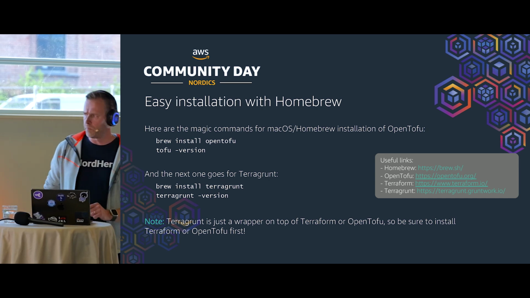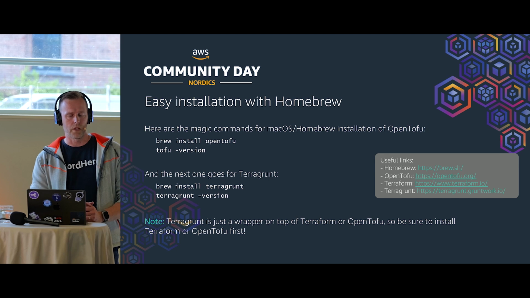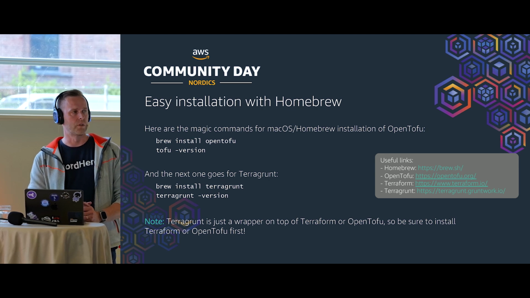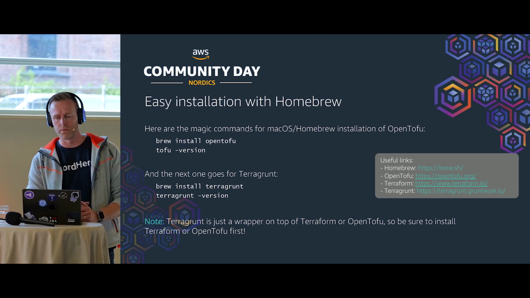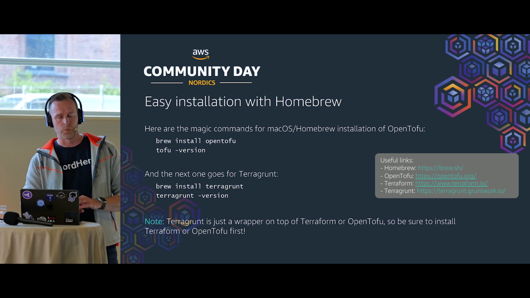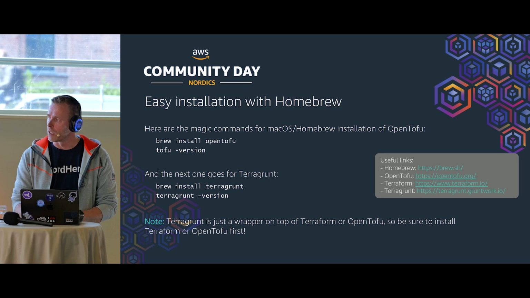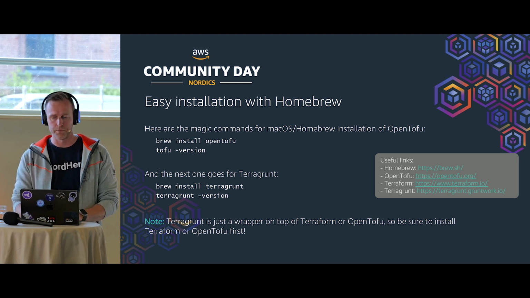And while Terragrunt is more or less just a wrapper on top of Terraform or OpenTofu, it needs that you first install OpenTofu or Terraform to be functional. So it's not enough that you only install Terragrunt.